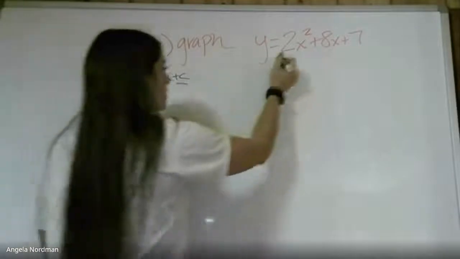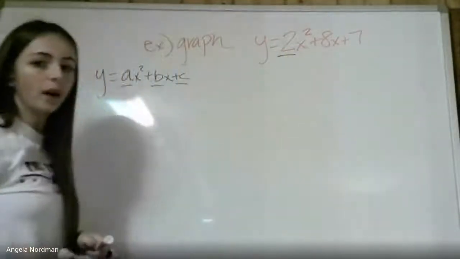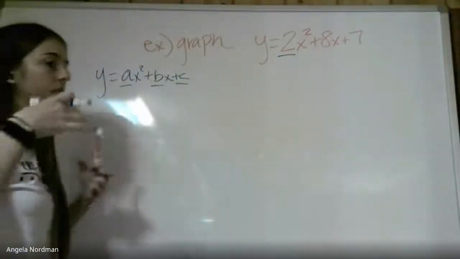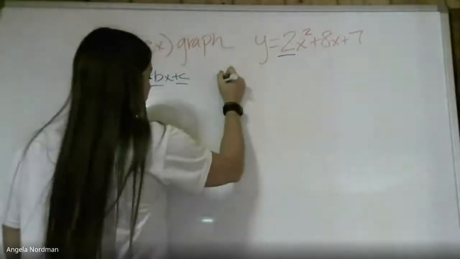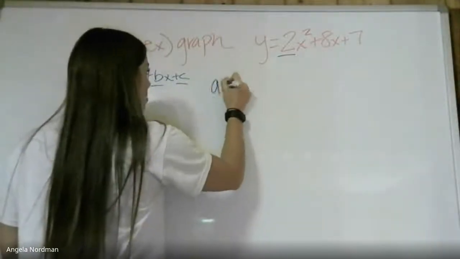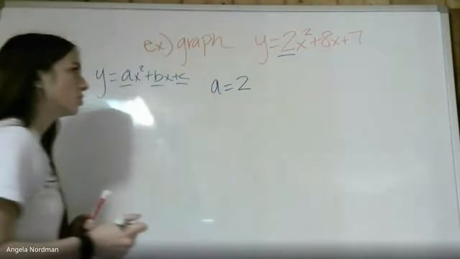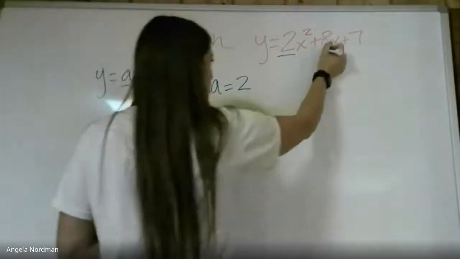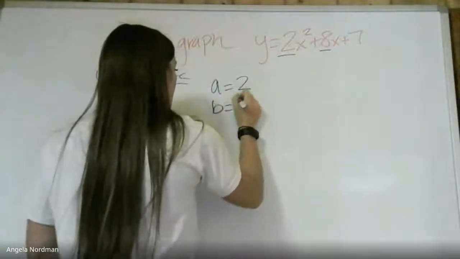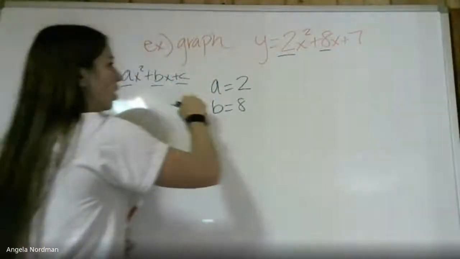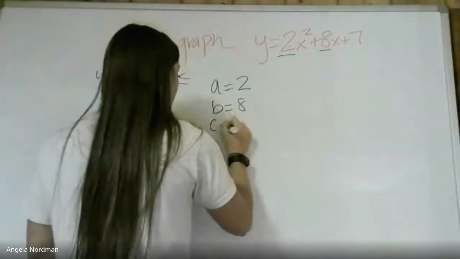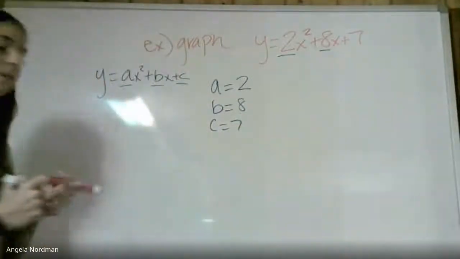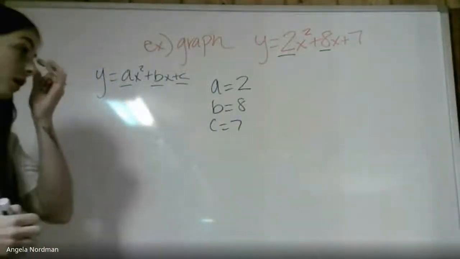So my a is always right out in front of the x squared, right? That coefficient out in front. So a is going to equal 2. B is always in front of the single x, right? So that here is going to be 8. My c is always the constant on the end. So that here is going to be 7.